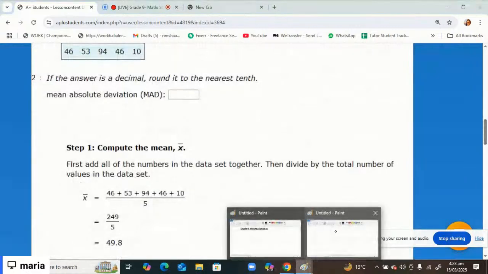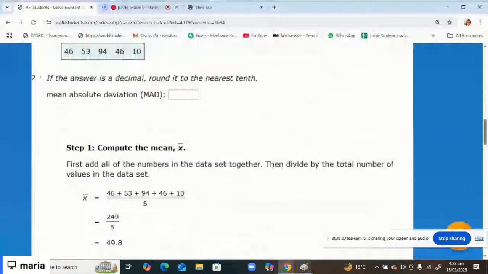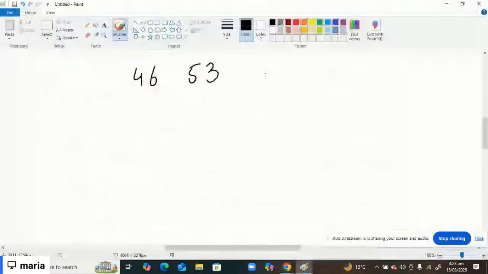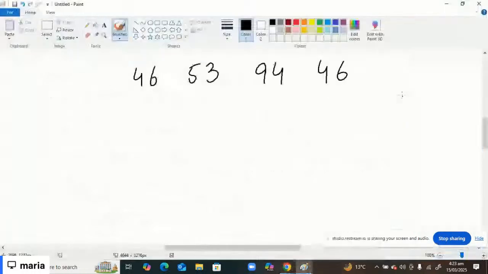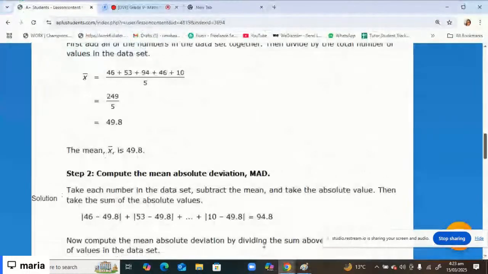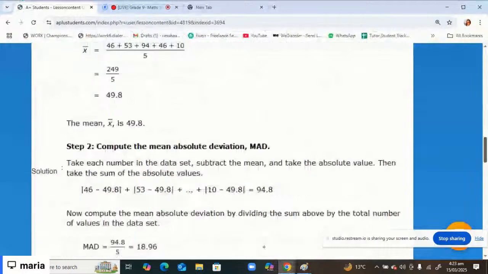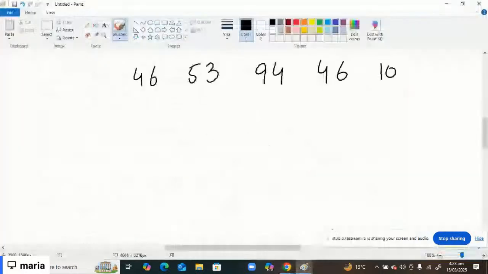The data is 46, 53, 94, 46, and 10. First we add up, then we divide.